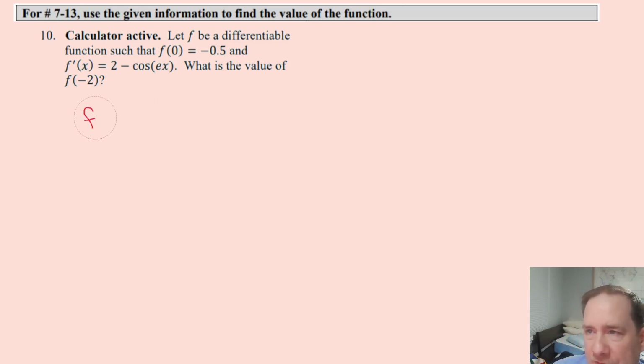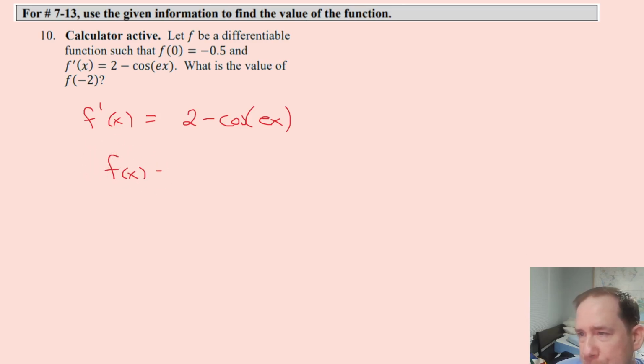So again, if f prime is 2 minus the cosine of e times x, then our antiderivative must be 2x. And then it's minus sine, since the antiderivative of cosine is sine. And then I wouldn't mess with these insides. I'd leave it as e times x. Derivative of sine is cosine. So everything's hunky-dory.